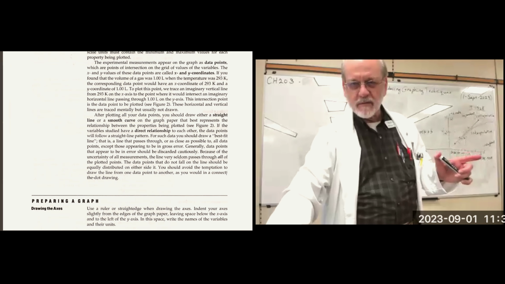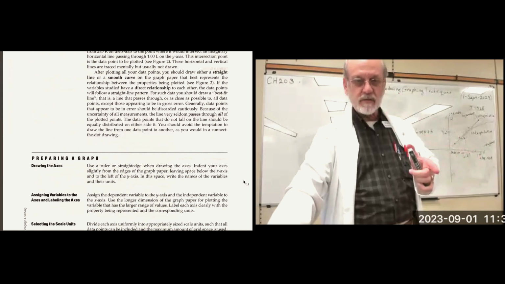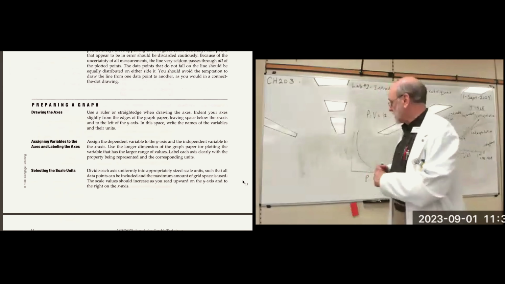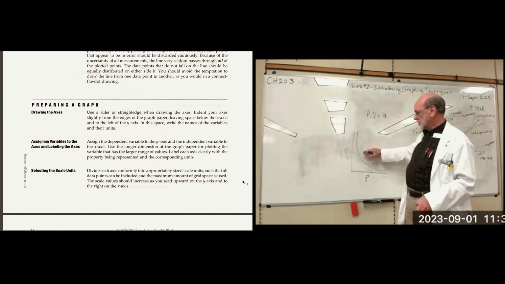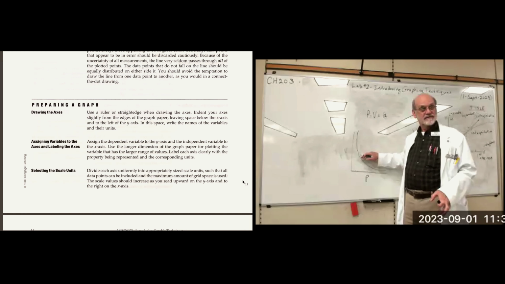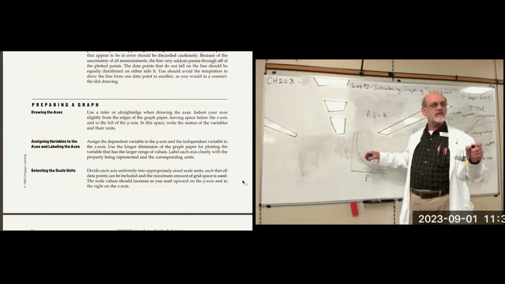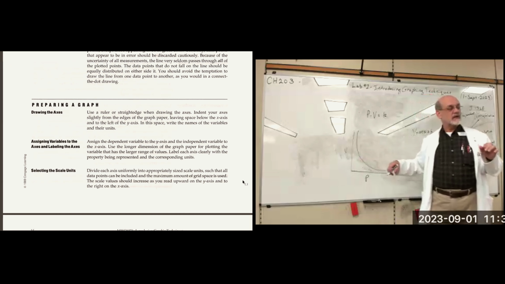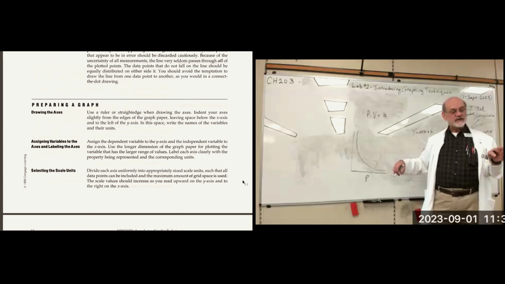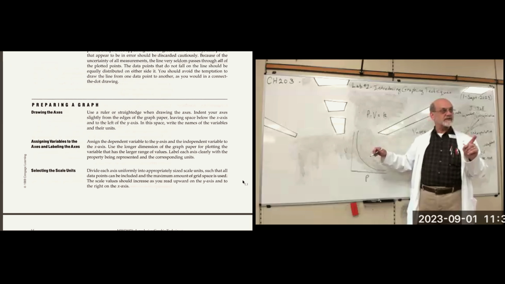Okay, direct relationship, inverse relationship. So the slope here changes. Nobody's had calculus in here, have you? Have you been introduced to the tangent to a line? The tangent to a line is the straight line that touches the curve in only one place.